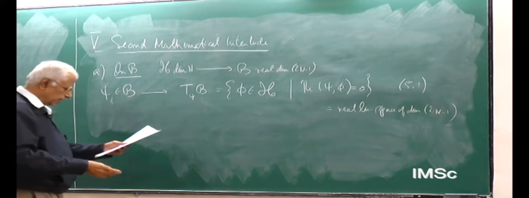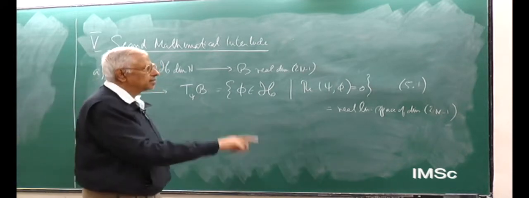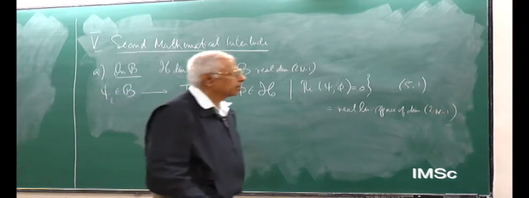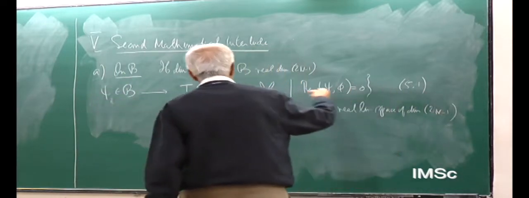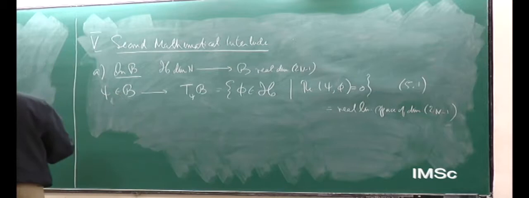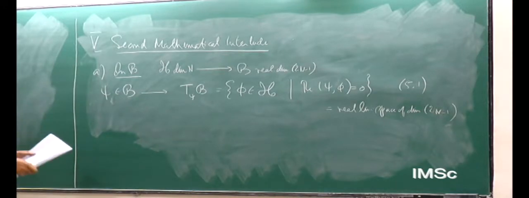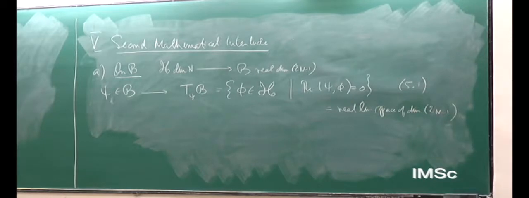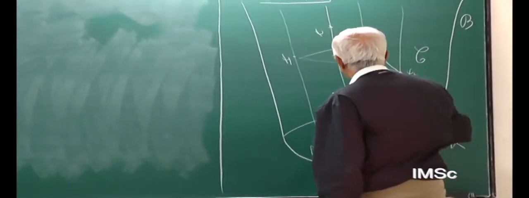Now, there is one subspace of this which is very easy to picture. Maybe I can use this diagram here. I can do one more thing. Let us suppose this is a point rho here and psi sitting on top of it.